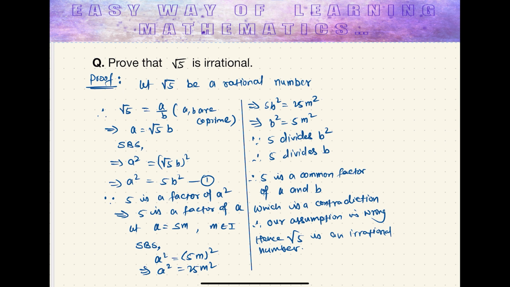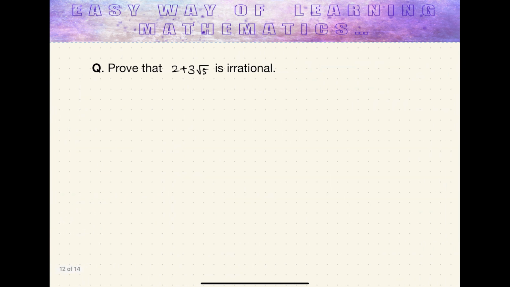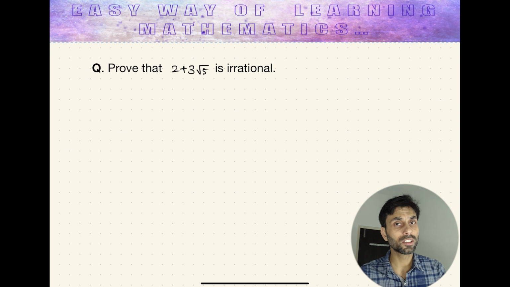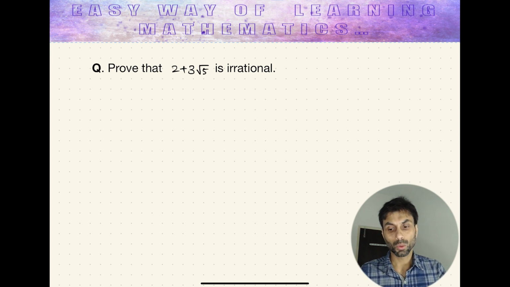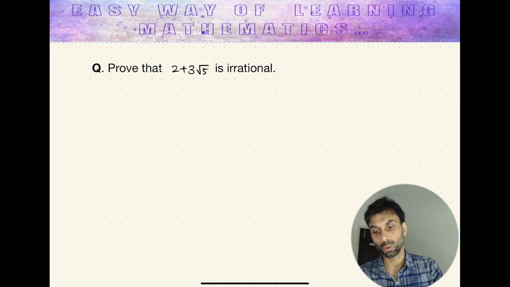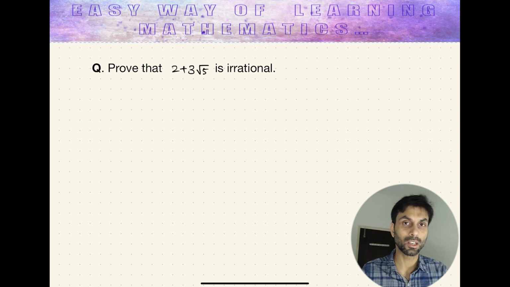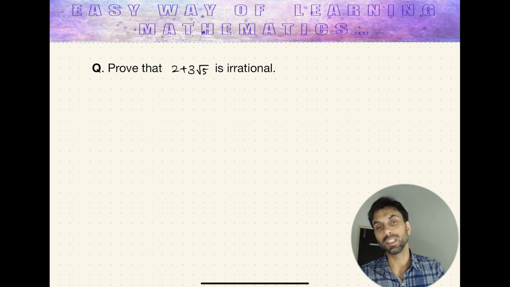Now, let's move to the next type of question. Here it is given, prove that 2 plus 3 root 5 is an irrational number. When we have to prove these types of questions, we also have to see for how many marks they have asked the question, and based on that we need to go. Sometimes in the exam itself they say prove that 2 plus 3 root 5 is irrational, where root 5 is irrational.